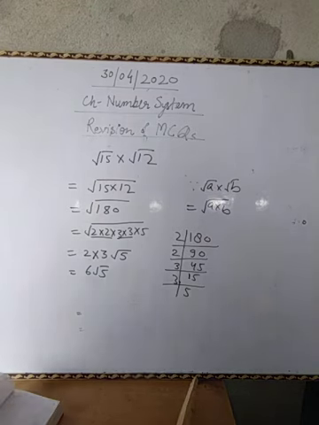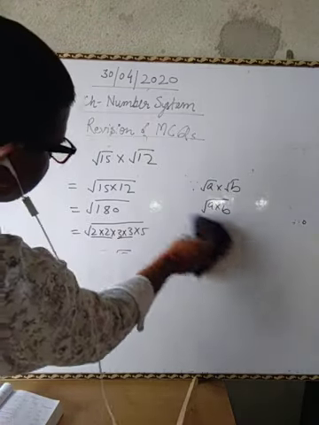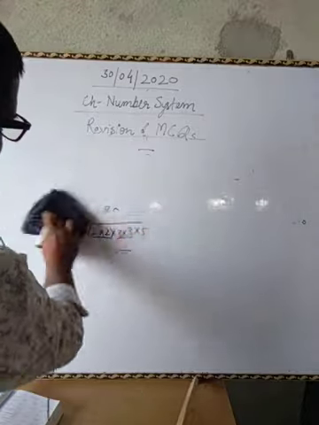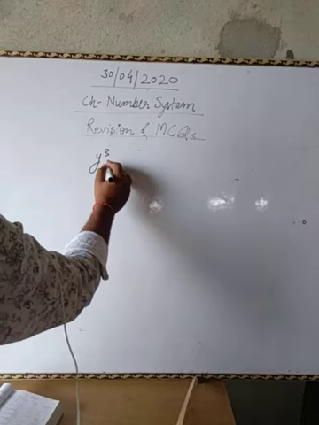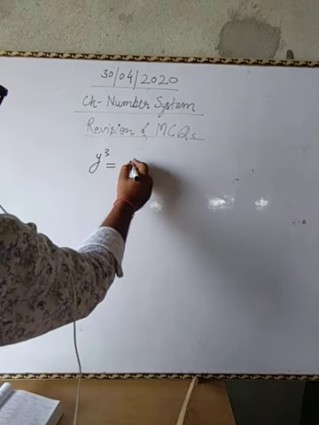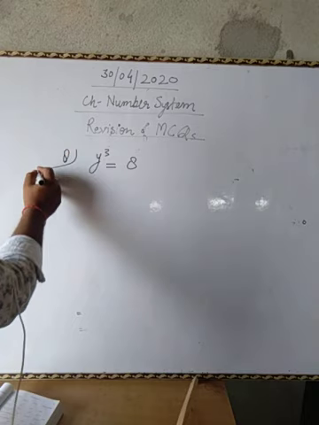As I told, square root means power 1 upon 2, cube root means power 1 upon 3. Maybe a question is given in this format, y cube equals to 8, right?